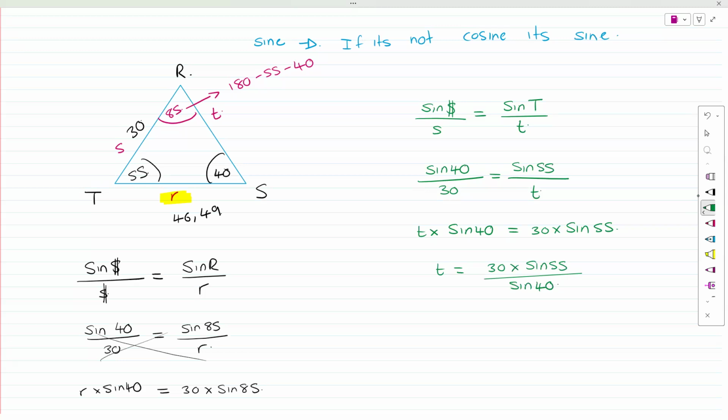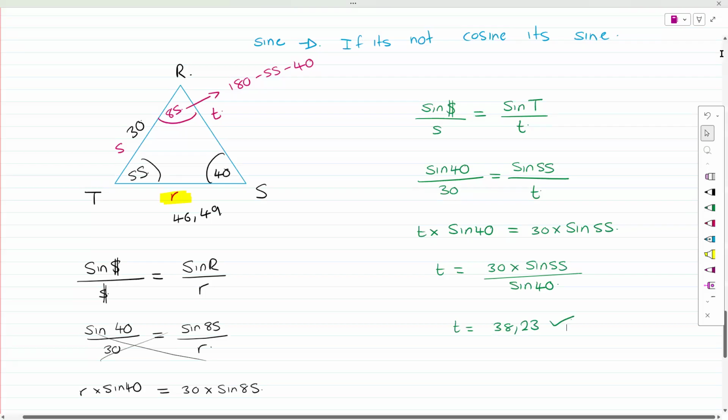And now this would be 30 multiplied by sine 55 all over sine of 40. And this would be 38. T is equal to 38.23. And that's all there is to a question like this.